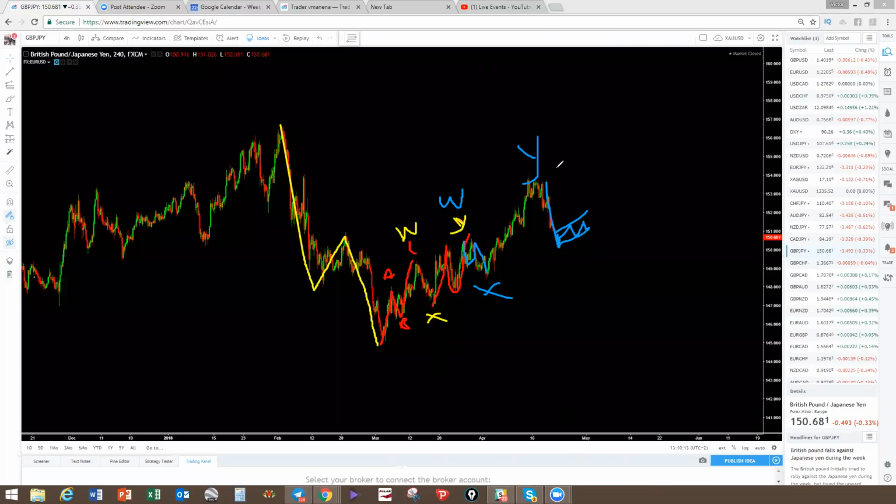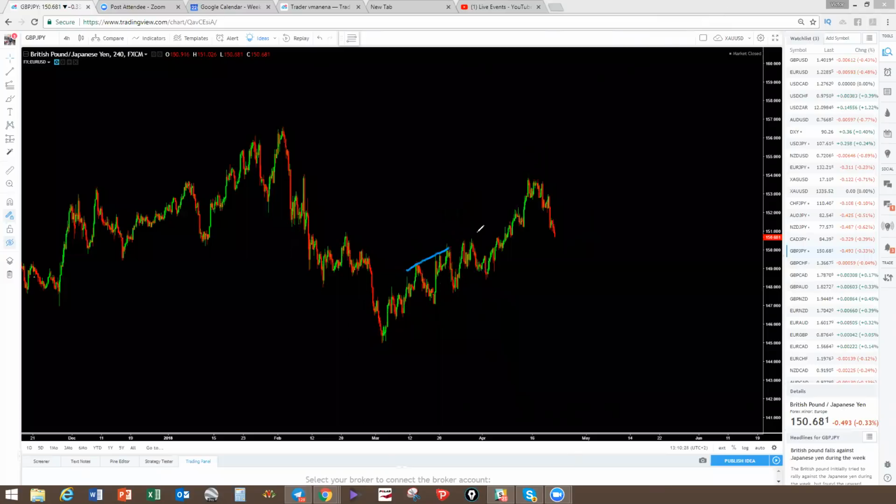But I didn't expect that it was going to give us this one, because this looked decent for me for downside. Okay? So that's how that unfolds. Now this actually looks a little bit different, because this could now even be a leading diagonal like that, making this an A, B, C. And if that is the case, this could be a W. Depending on how this unfolds, you could get an X here.